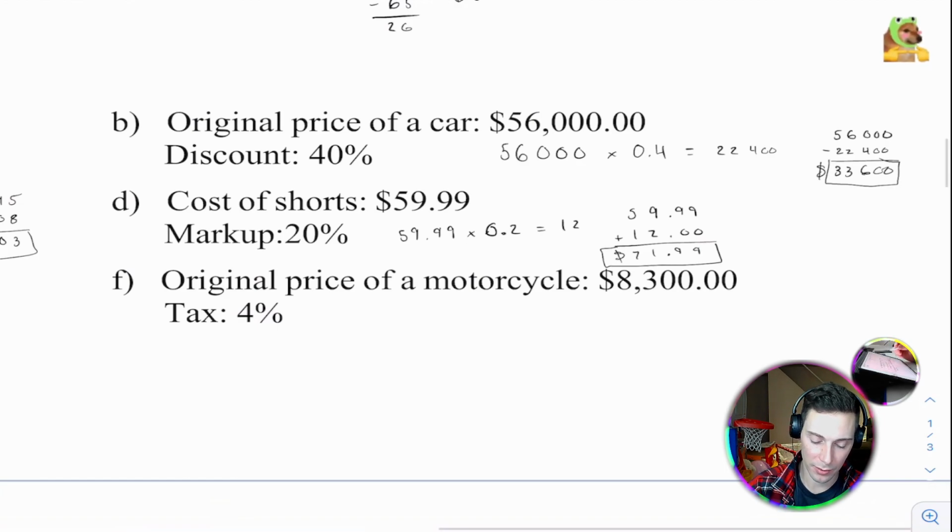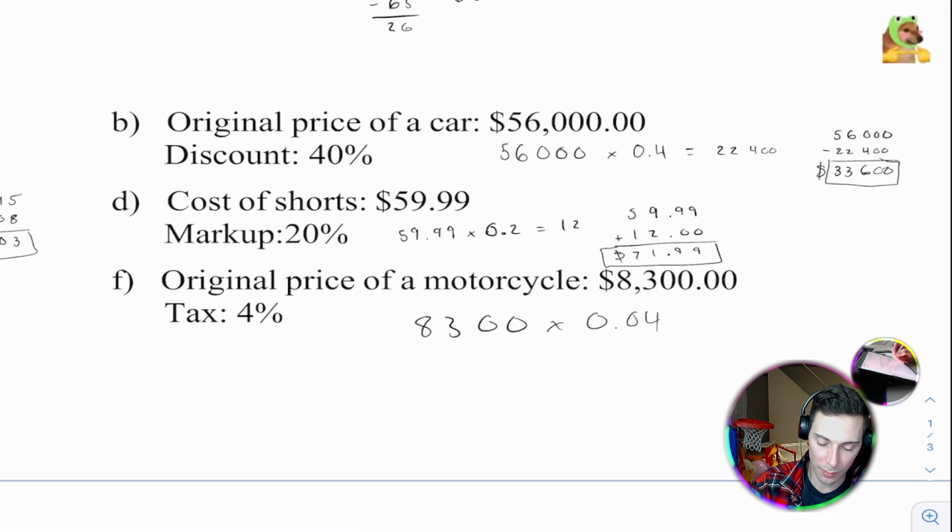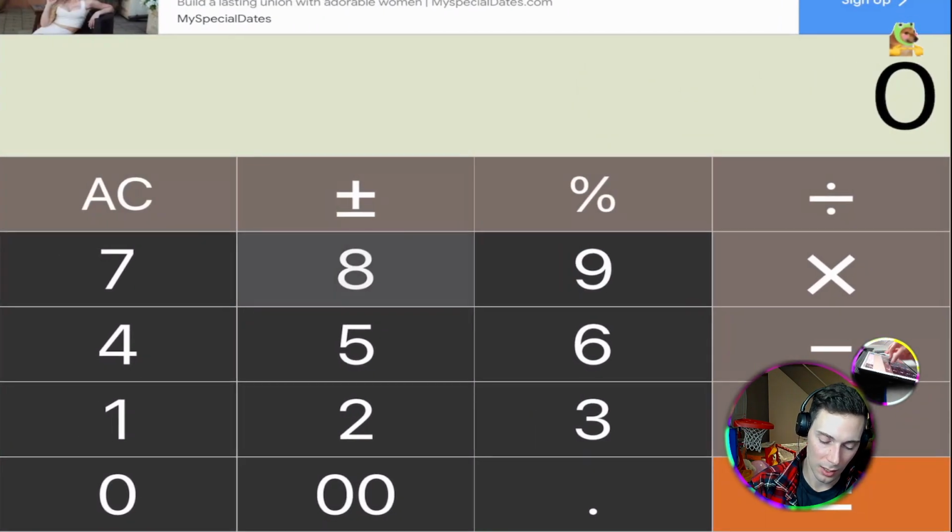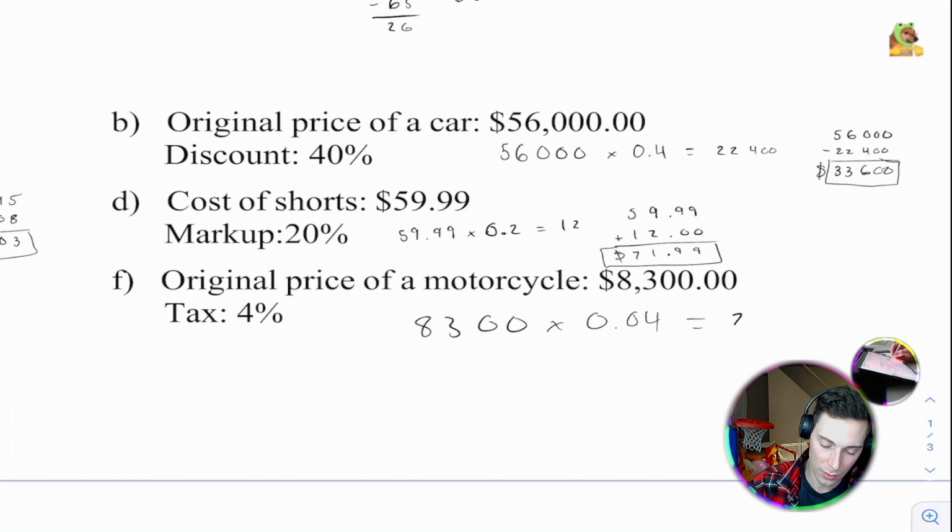I'm adding my part. So tax on this motorcycle, 8,300 times 0.04. So we're finding the part, and that's going to bring us towards our answer here. 8,300 times 0.03 is 249, and then 8,300 plus 249.